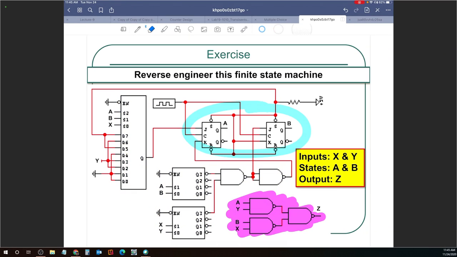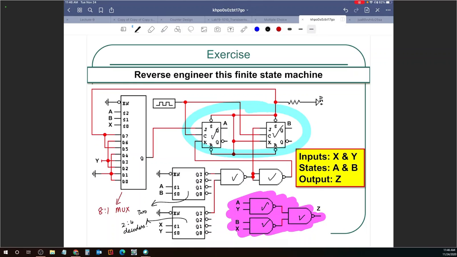Because you know what? This guy is an 8:1 mux. These are 2 to 4 decoders. These are NAND gates, these are NAND gates, these are JK flip-flops, and that's it.